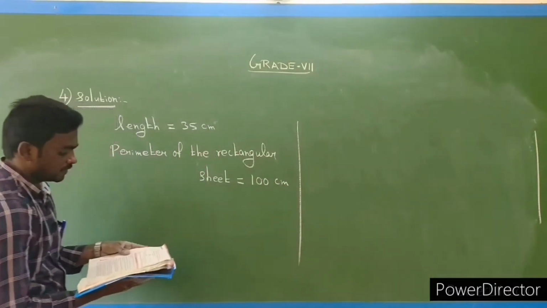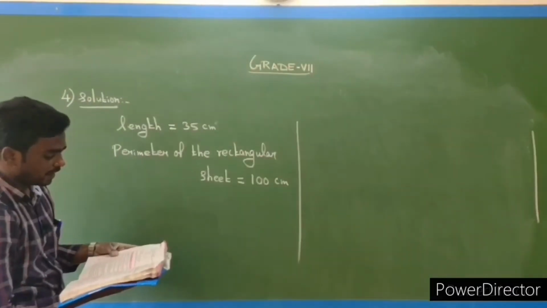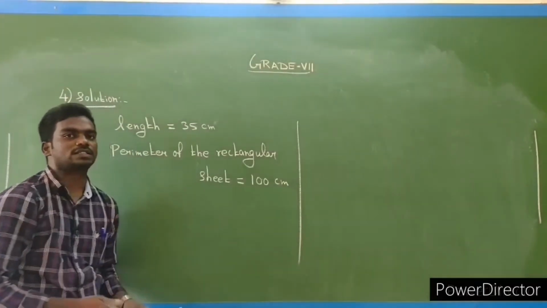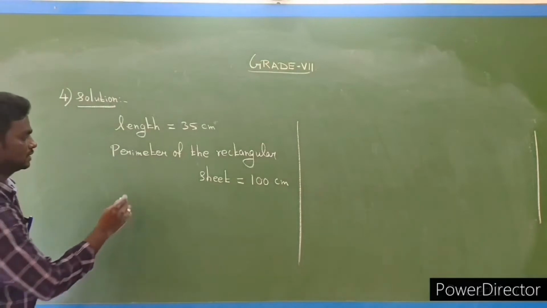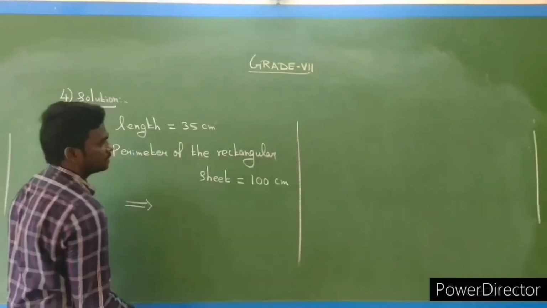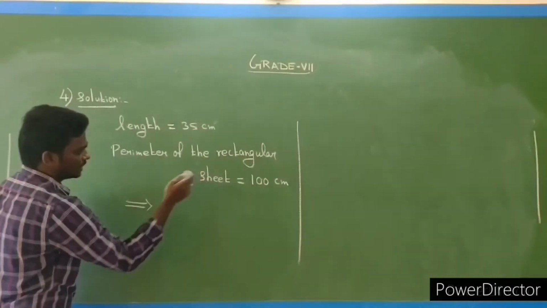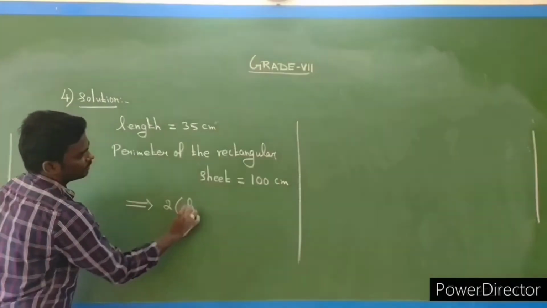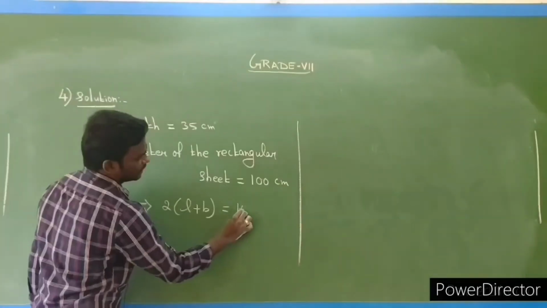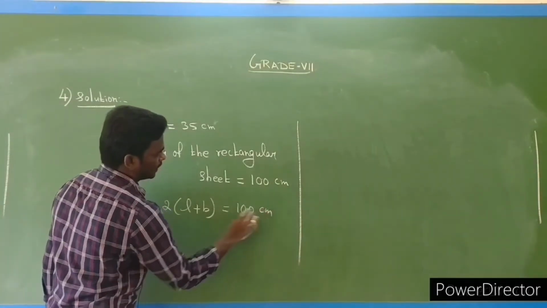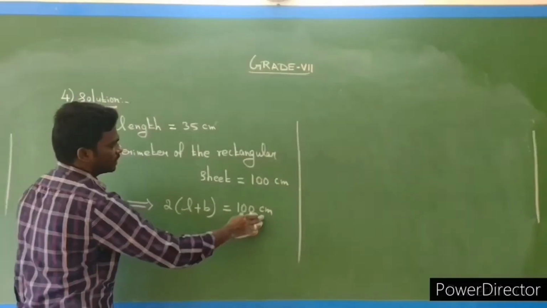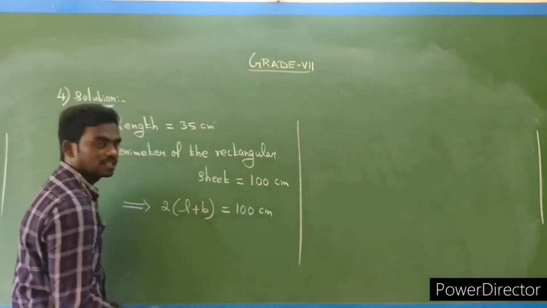So next, if the length is 35 centimeter, find its breadth, also find the area. We want to find the breadth of the rectangular sheet and the area of the rectangular sheet, which implies the perimeter of the rectangular sheet is equal to 100 centimeter. We know the perimeter of the rectangle formula is 2 into L plus B, which is equal to 100 centimeter, given.